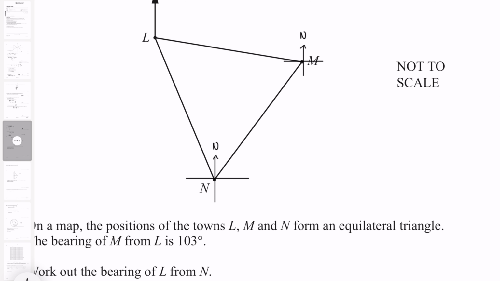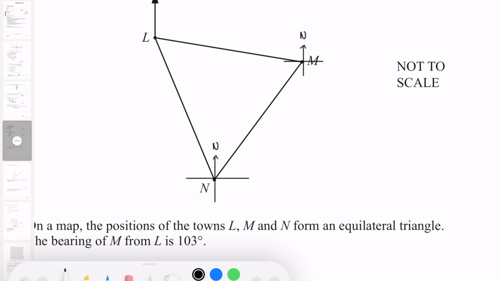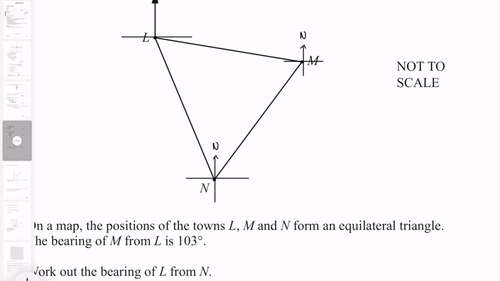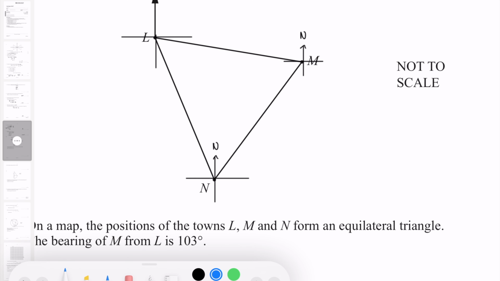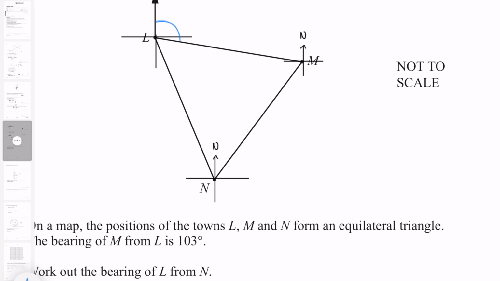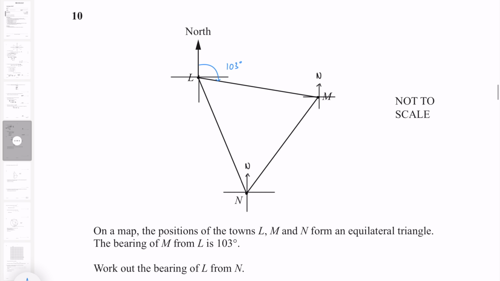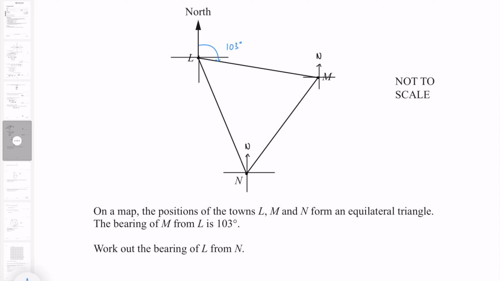L going to M. This is 103 degrees. Work out the bearing of L from N.